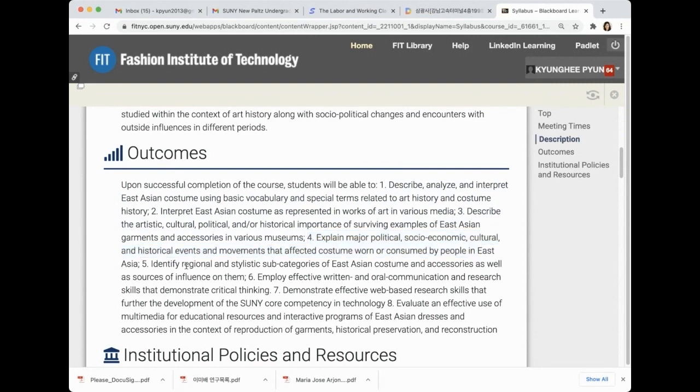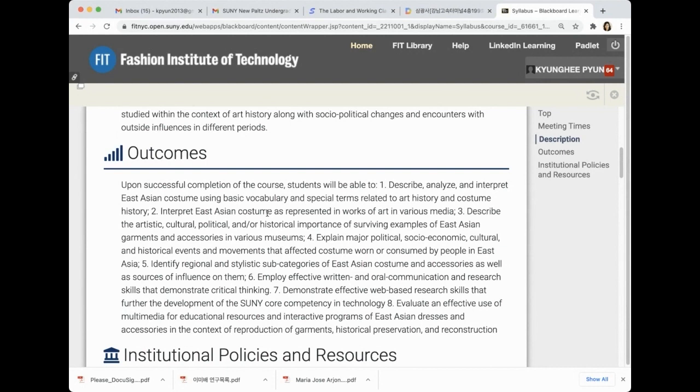And then number 5, regional and stylistic subcategories. We may not cover all of them because China is a huge country. We consider it one country that speaks Chinese somewhere in East Asia, but in fact, it is composed of 100 large and small ethnic communities. So it's not one country. There is a certain dominant idea that forces these people to come out with a homogeneous national identity, but it's like a citizenship kind of thing.